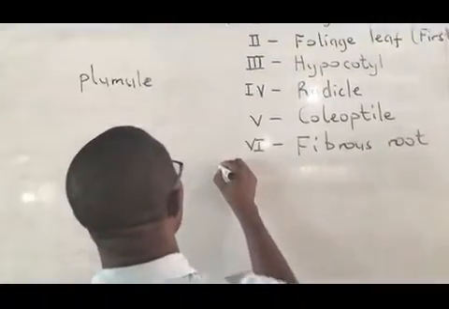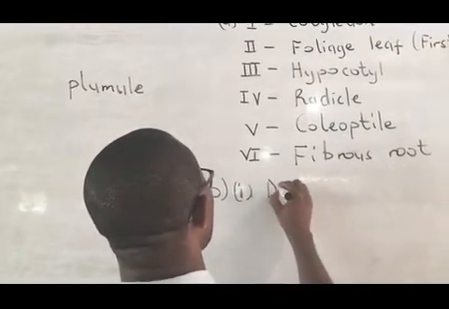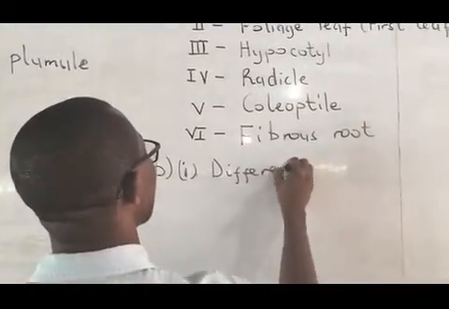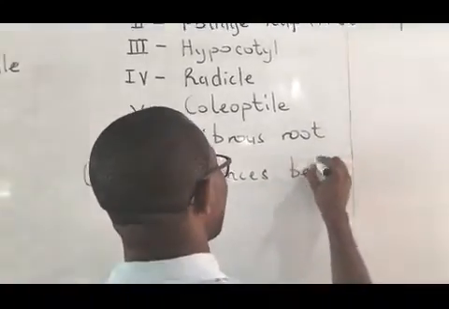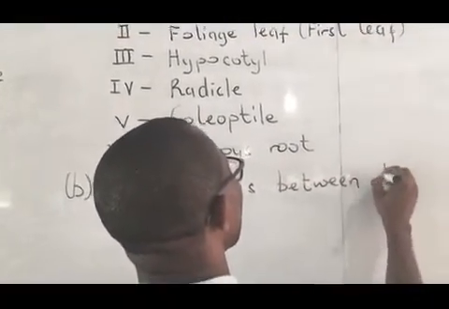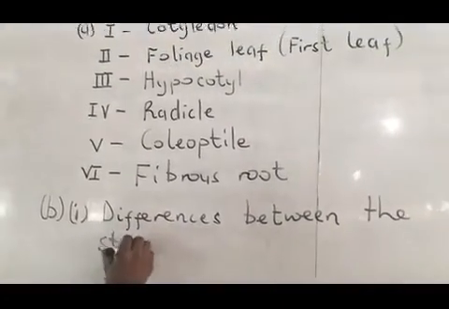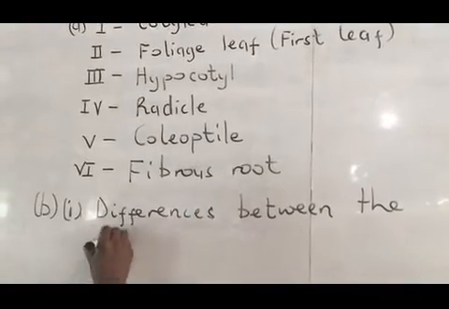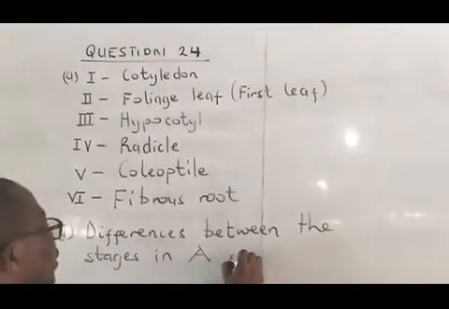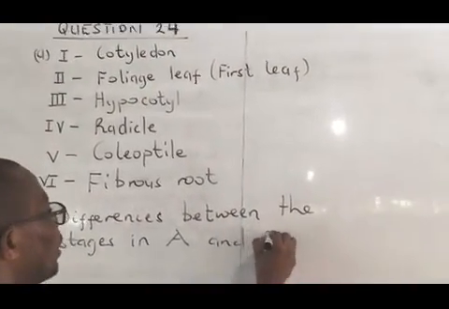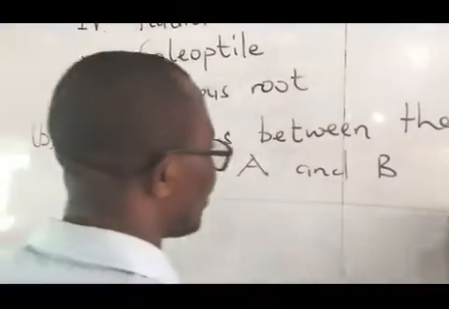So for B I, differences between the stages in A and B. So you put that in a tabular form.